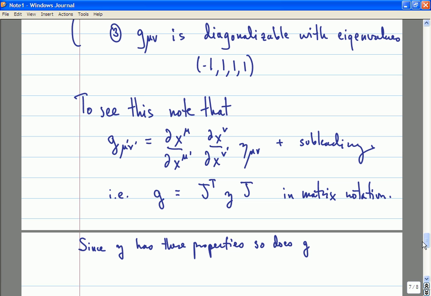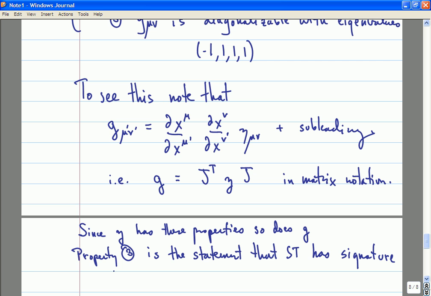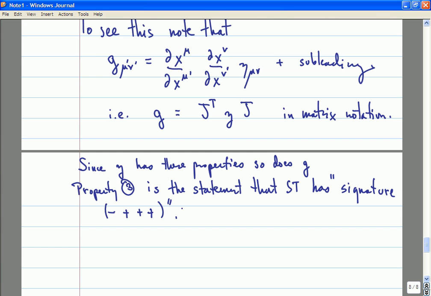Property 3 is the statement that spacetime has signature minus plus plus plus. Or there's another version of that statement, i.e. it's the statement that spacetime is pseudo-Riemannian.